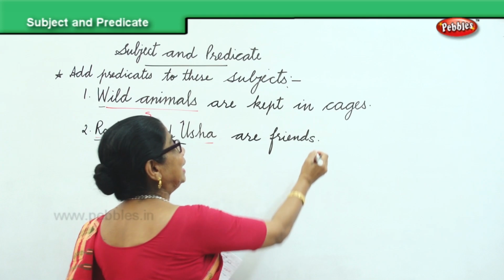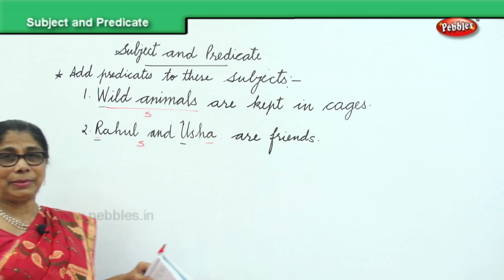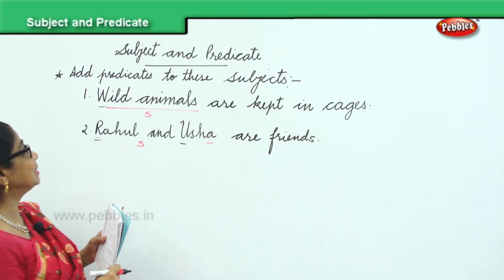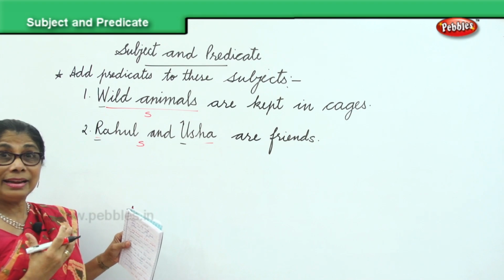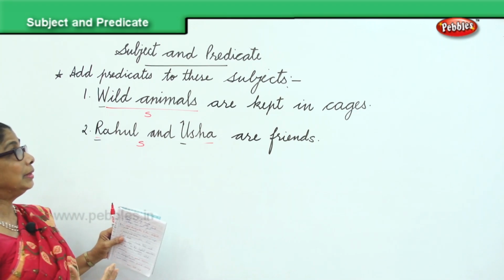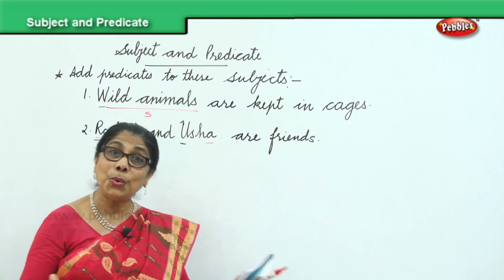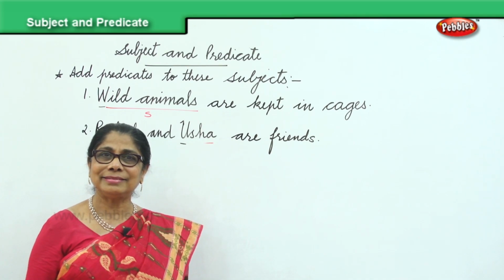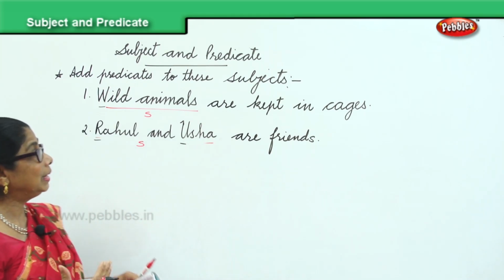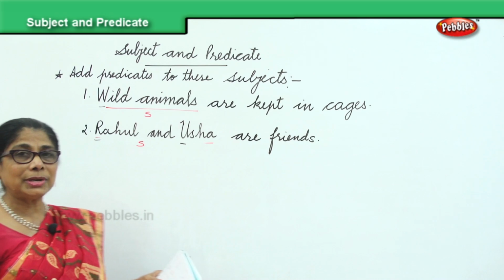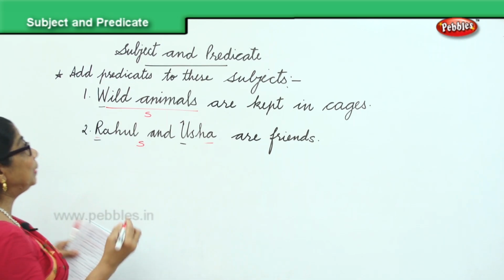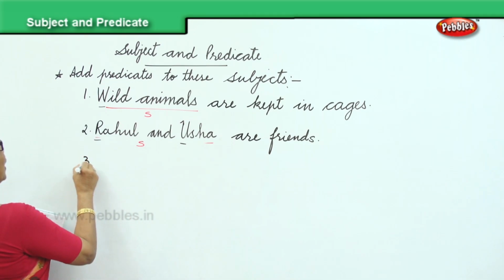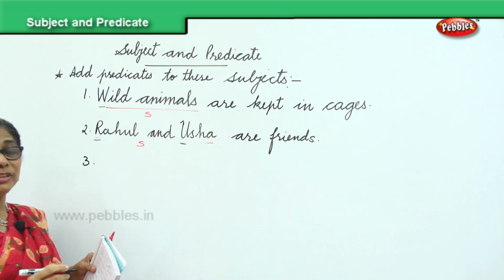Only thing, end it with a full stop, begin with the capital letter. So now we learn two sentences. We are given the subject, wild animals. Wild animals roam freely in the forest. Wild animals are kept in cages, anything. Rahul and Usha. So we learn to complete and we learn to supply the predicates for the subjects.